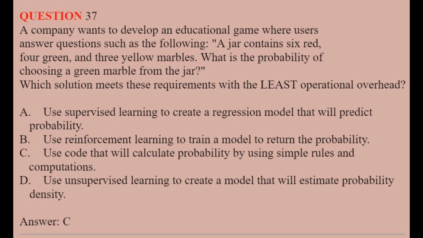Option B. Use reinforcement learning to train a model to return the probability. Option C. Use code that will calculate probability by using simple rules and computations. Option D. Use unsupervised learning to create a model that will estimate probability density. Correct answer is option C.